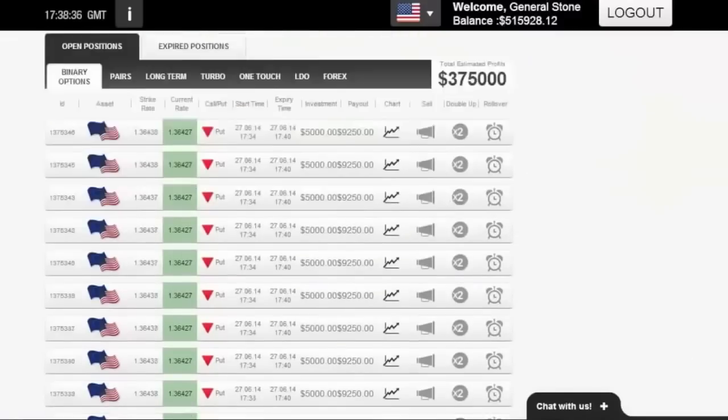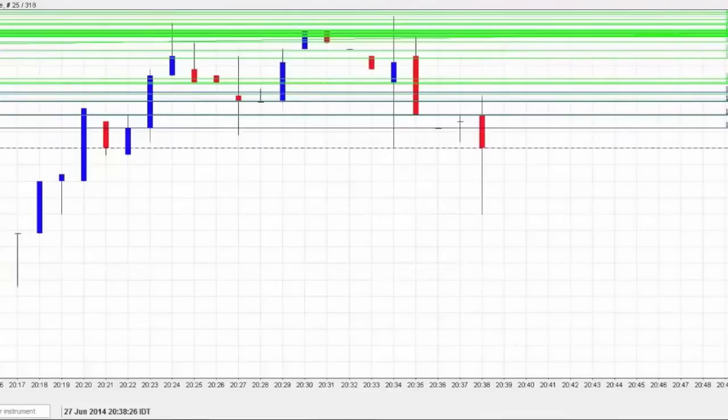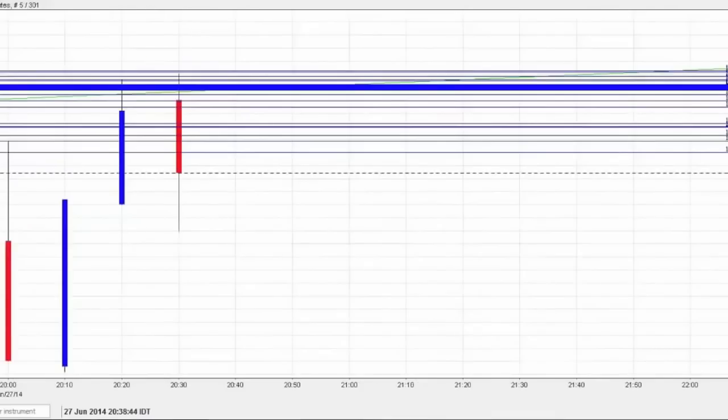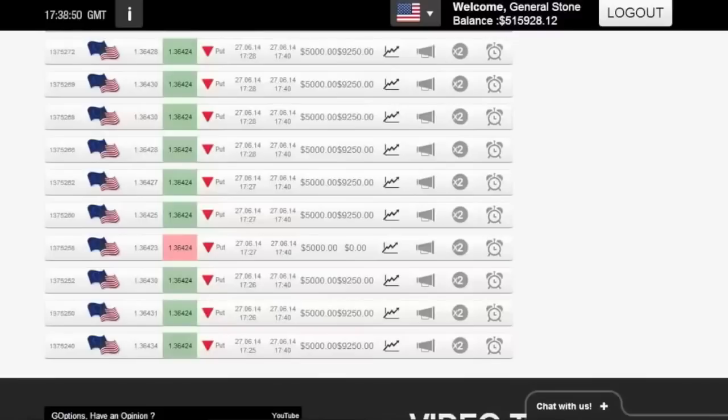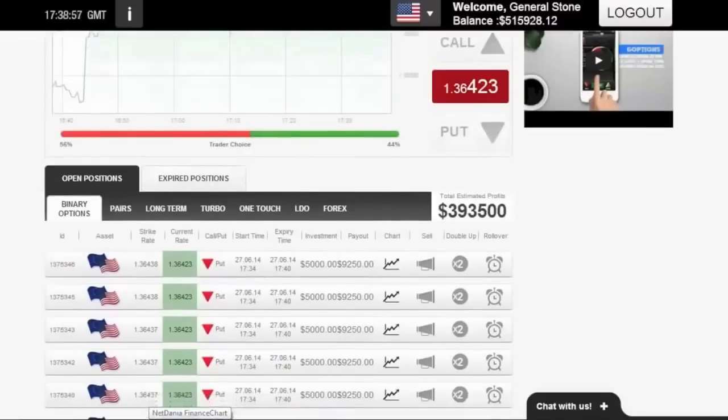The price on the platform should adjust in a minute, and then you should see these three trades go to green. And if we have a look on that tick view, you can see how she's coming down. You can see clearly across the board how the price has been coming down, and you can see now just one position sitting out of the money with about 1 minute to go.